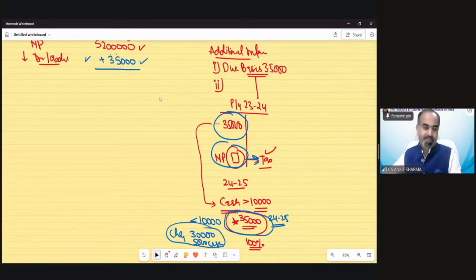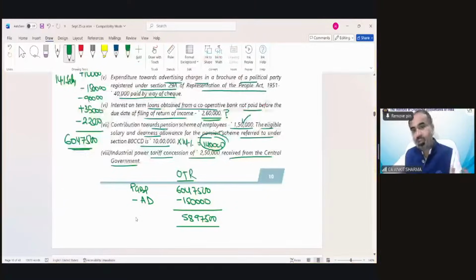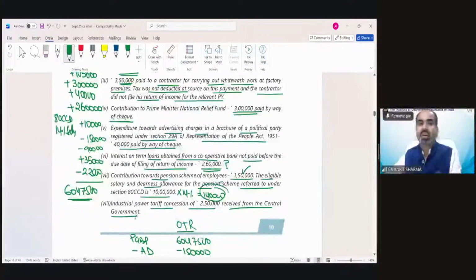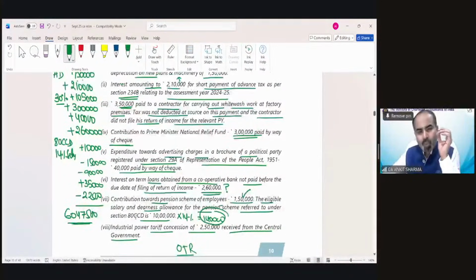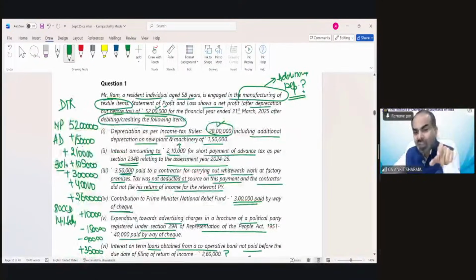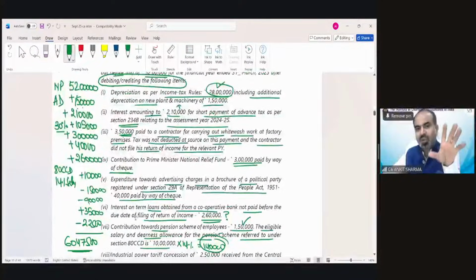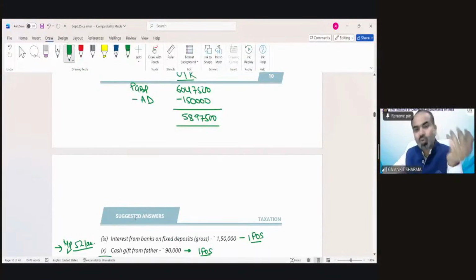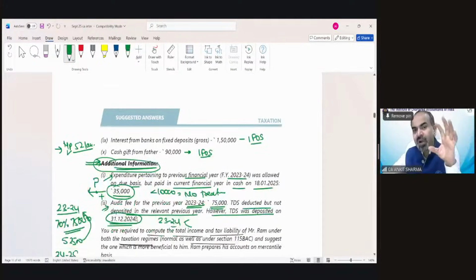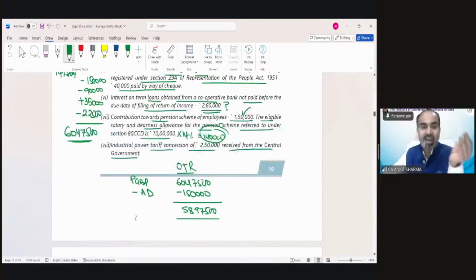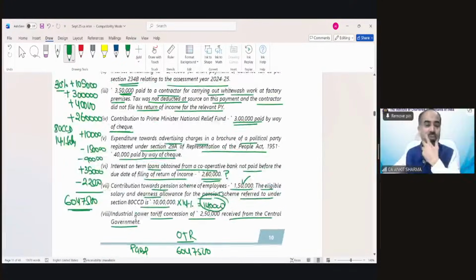That is the September 2025 question. And again, I want to tell you one thing. Most of the points are very easy to solve. This additional information point may be confusing for some students, point number 1 or point number 2 or both, but the majority of our question is so simple. There was nothing complicated, and we are solving an examination question.